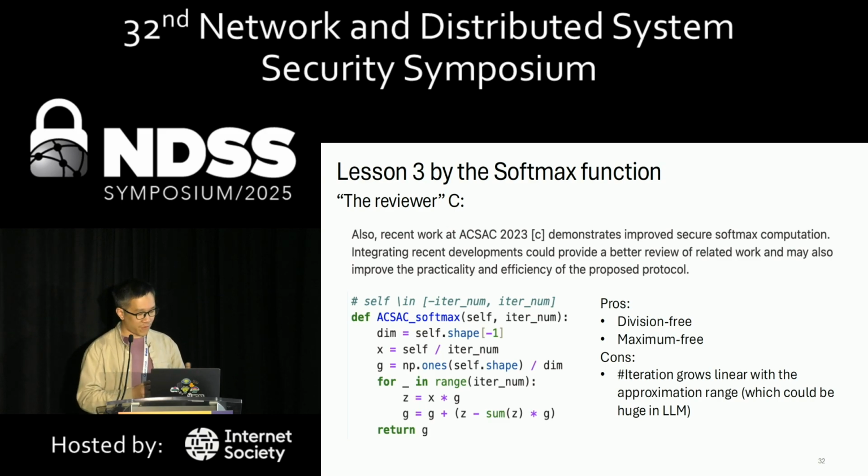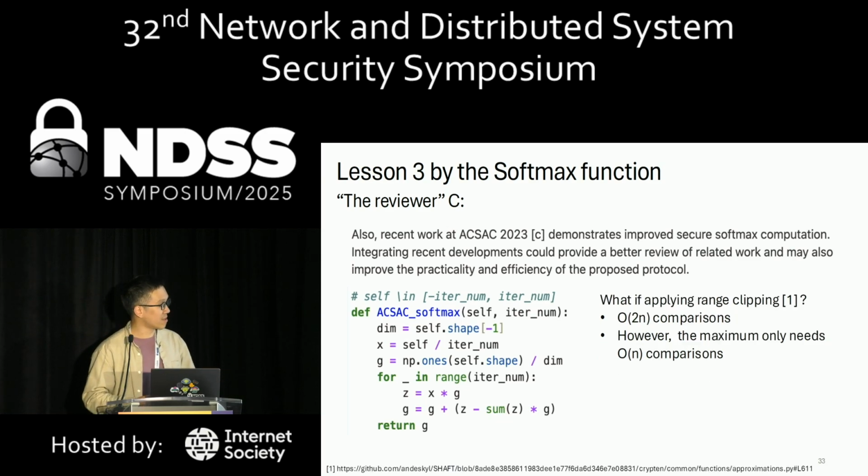However, for a numerical method, we have to make sure the input is in the proper range, which requires range clipping. So it's actually not that good for this simple case. For the softmax, we just do one maximum and compute a very low degree Taylor series.